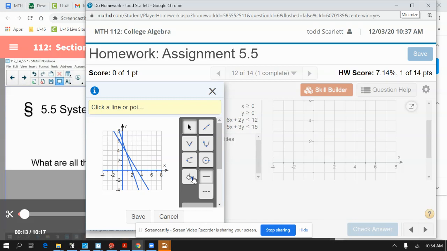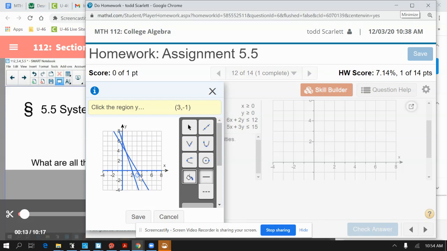Now, where do I shade? There's only 4 real regions I need to consider, because remember, my x equals 0 and y equals 0 put me in the first quadrant right here. So let's see, the 6x plus 2y equals 12. That was this blue line on the bottom right here.